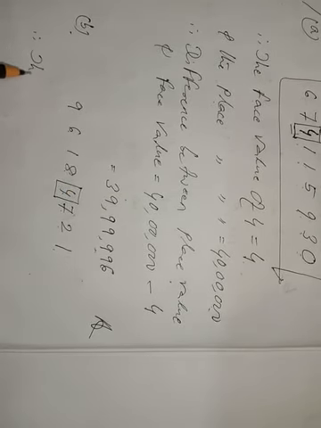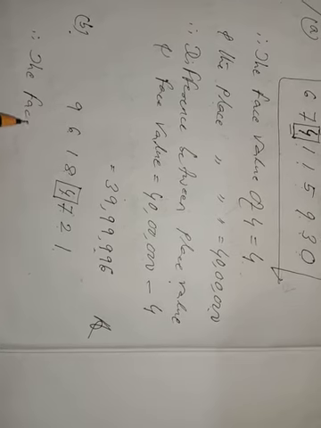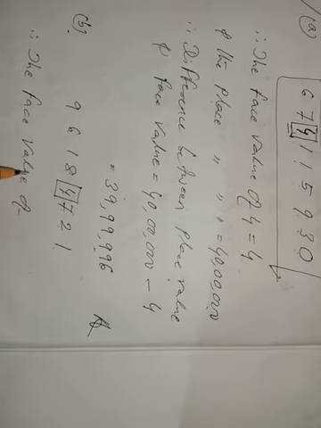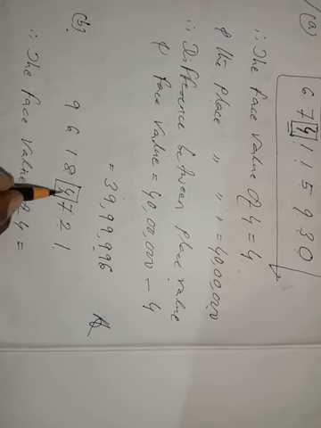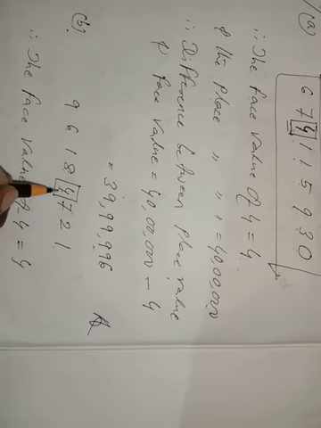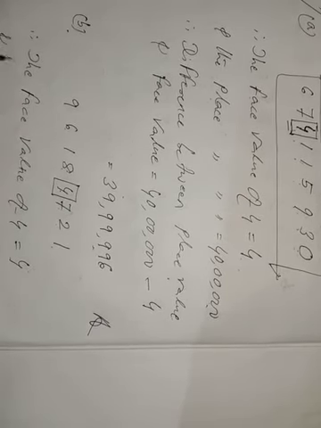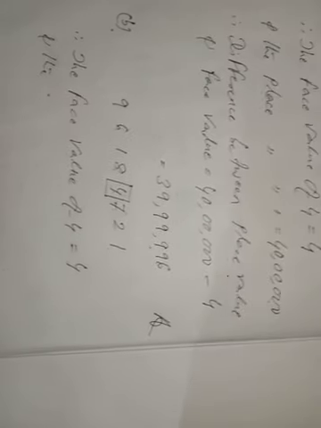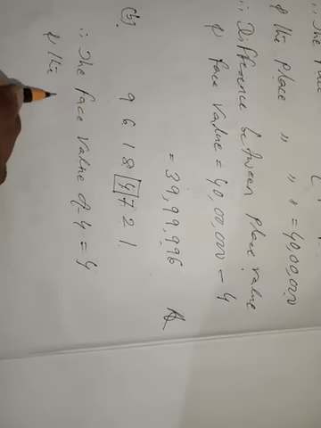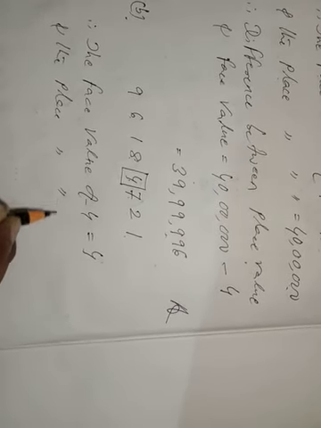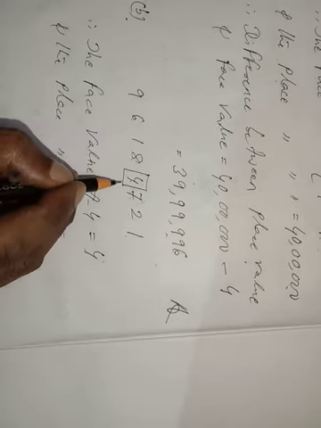The face value of 4. What is the face value? Face value is 4. Only write 4 because this is face. And the place value of 4, where is the position?